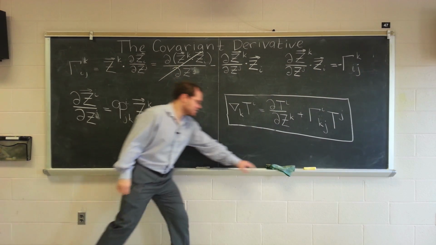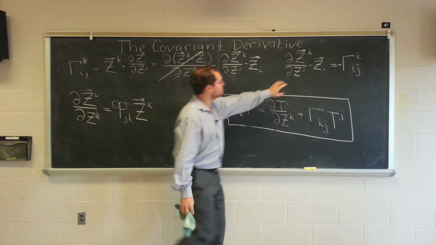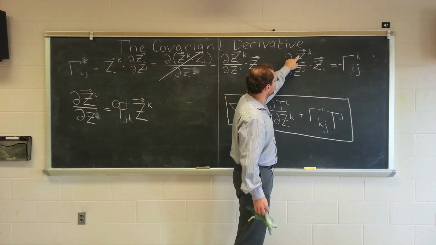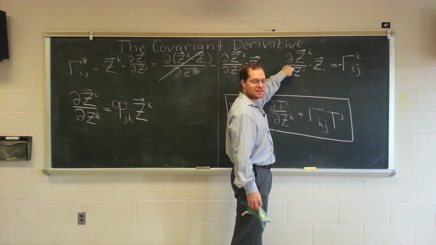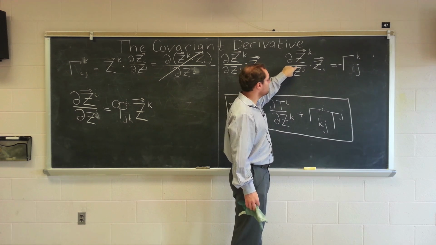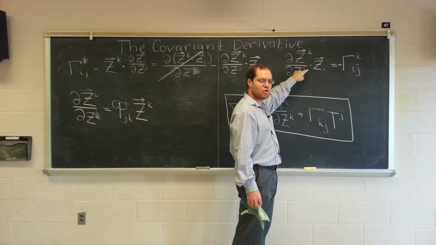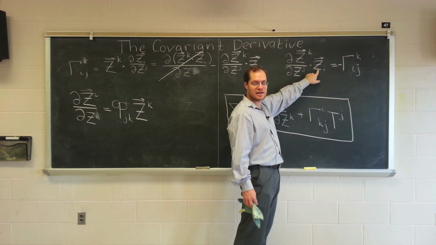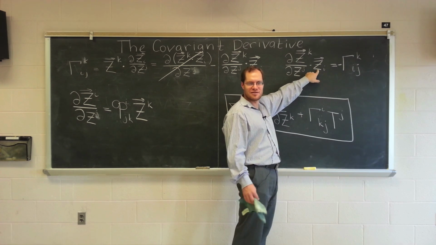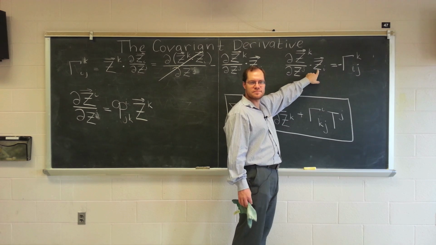Which means that this object right here, if you think of this as a set of vectors, and you want its covariant coordinate, that's exactly what you would do. You would dot it with a covariant basis. That's the quote-unquote trick from what we did earlier today.